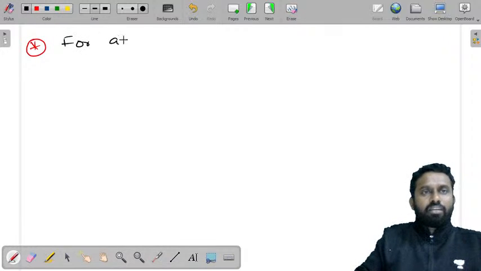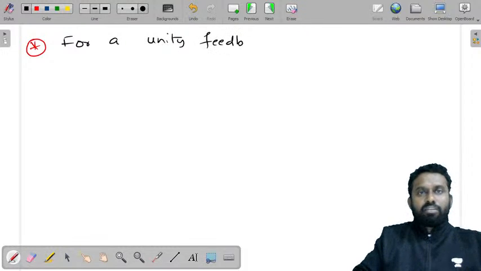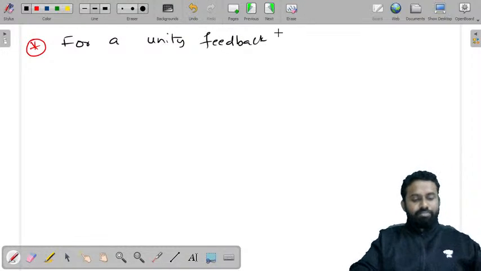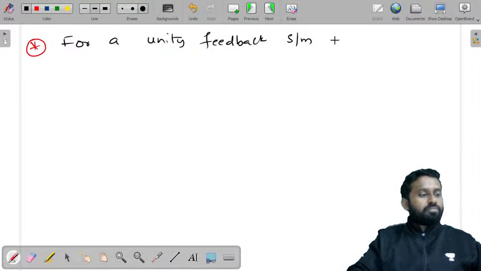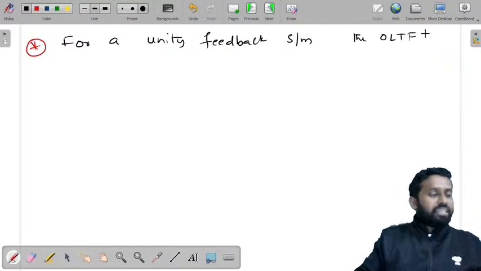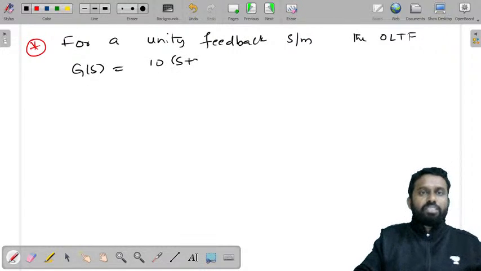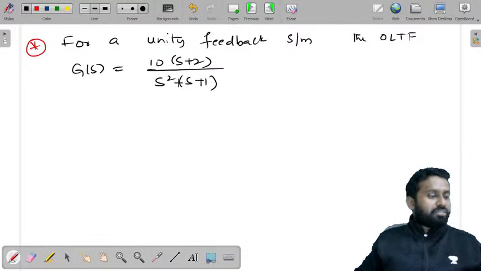For a unity feedback system, the open loop transfer function g of s is given as 10 into (s plus 2) by s square into (s plus 1).